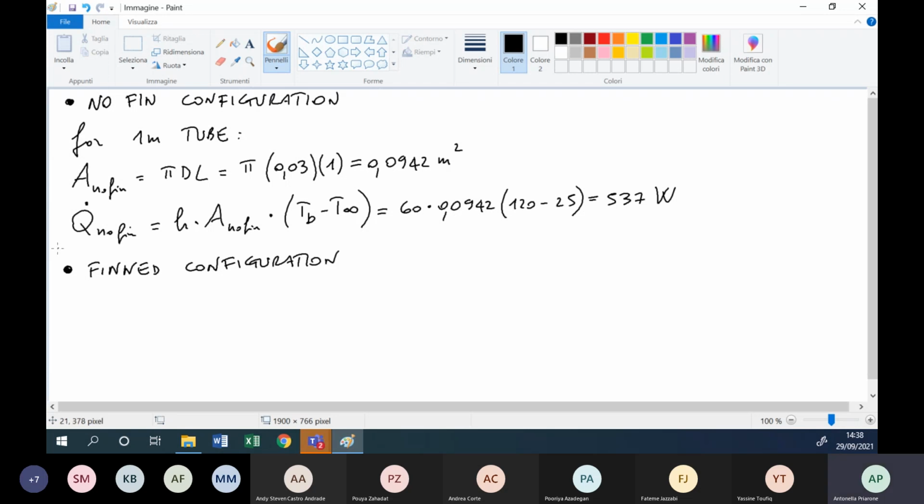And I have to evaluate first the efficiency, and for this type of geometry I have to refer to the graphs that I showed you in the last theory lesson. You remember that I have this type of graph with efficiency. Here I have 100%.